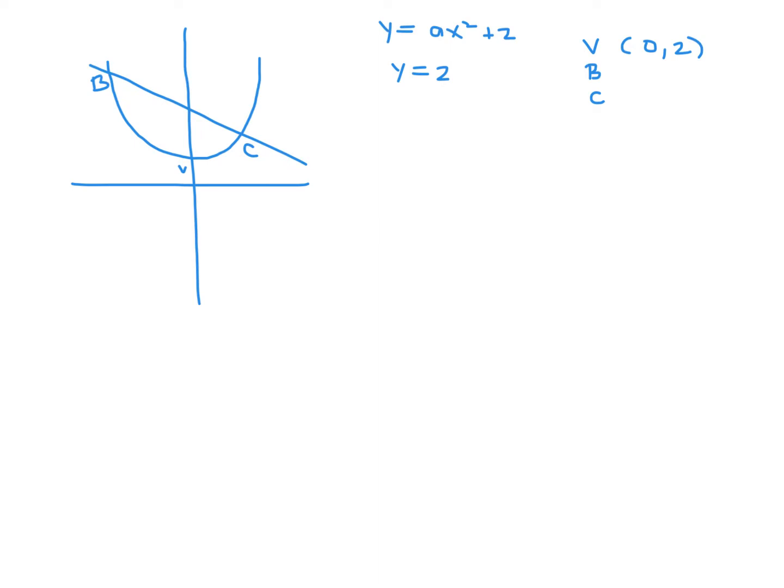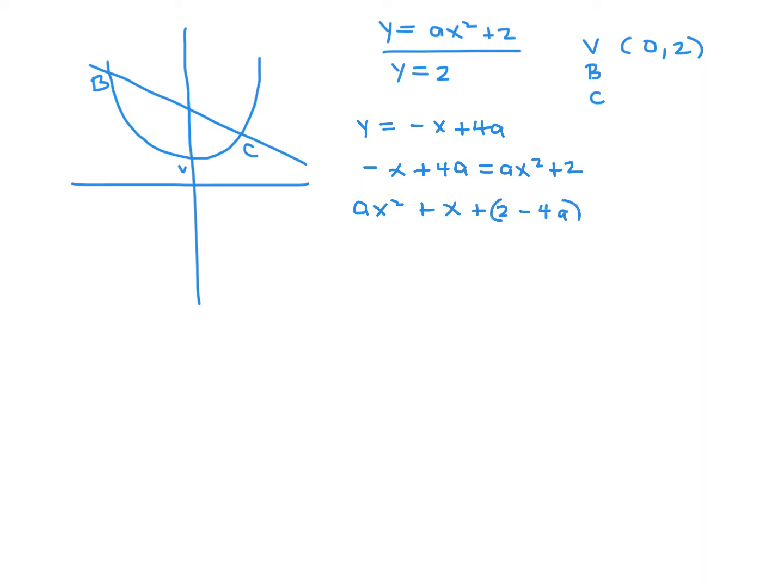We've got y equals minus x plus 4a, and y equals ax squared plus 2, so let's set them equal. Minus x plus 4a equals ax squared plus 2. Let's put everything on one side, and when you do, you get ax squared plus x plus 2 minus 4a equals 0.